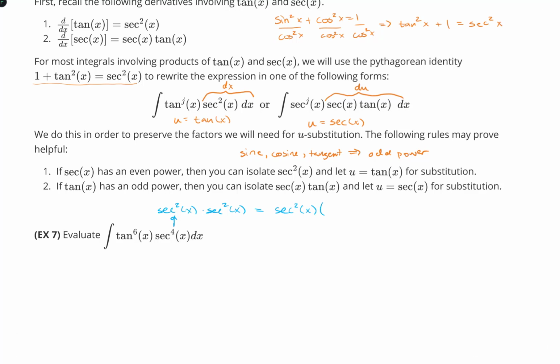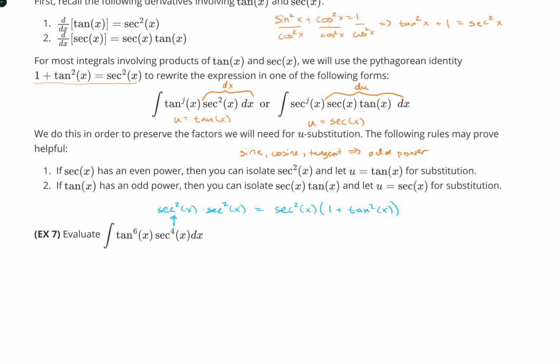I'm changing this secant squared into 1 plus tangent squared, and then I can multiply this with this tangent to the sixth, and I've got a preserved factor of secant squared, and I can let u be tangent. It's all going to work out just fine.